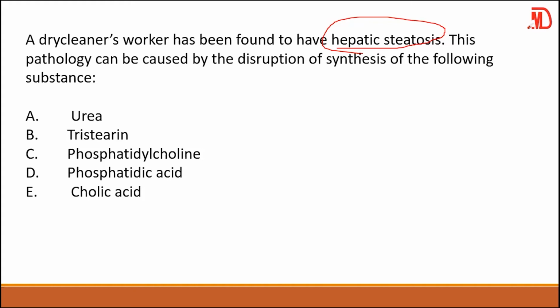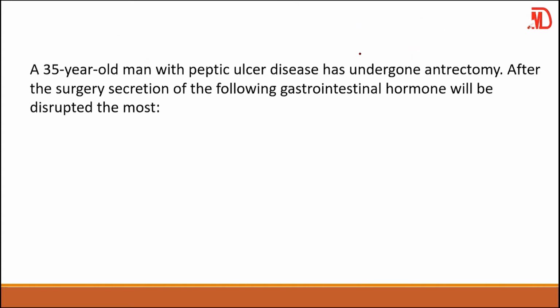So over here, the absence of choline, and for that matter phosphatidylcholine, is the reason we are having too much of what? Of fatty liver or hepatic steatosis. So over here, we are looking at C, phosphatidylcholine. So your answer here is C.